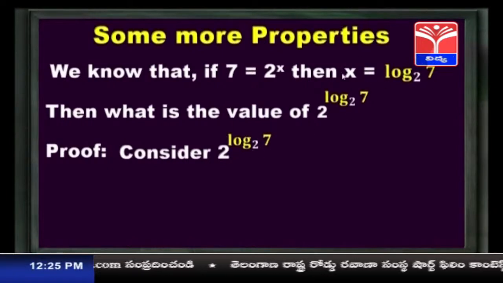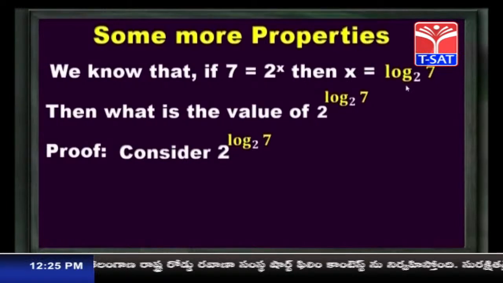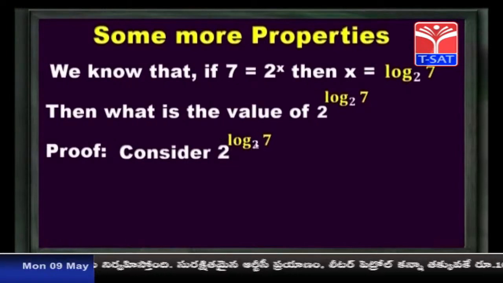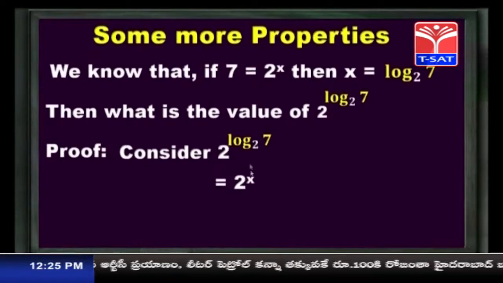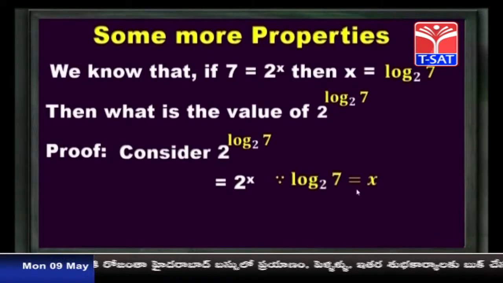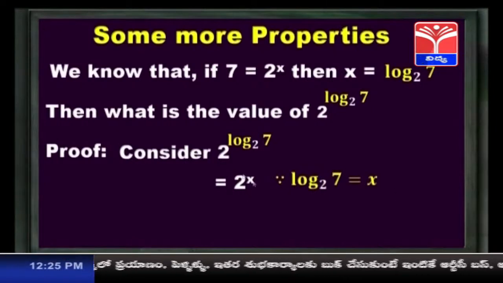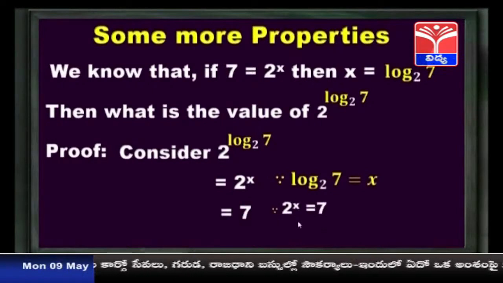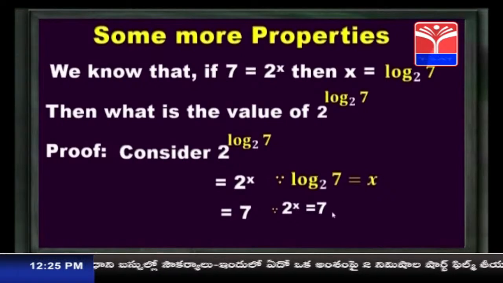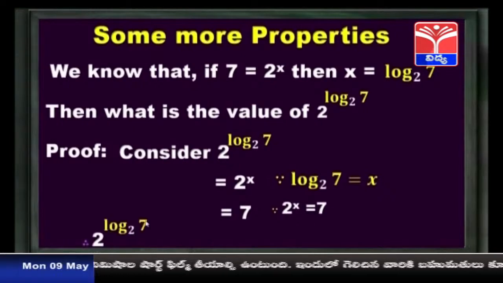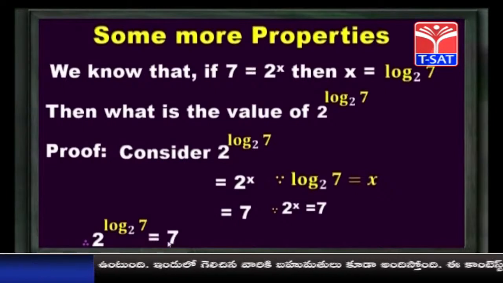Here we can substitute x in the place of log 7 to the base 2, which is equal to 2 power x. Now what is the value of 2 power x? In the question it is given 2 power x is equal to 7. So, finally, I can write 2 power log 7 to the base 2 is equal to 7.